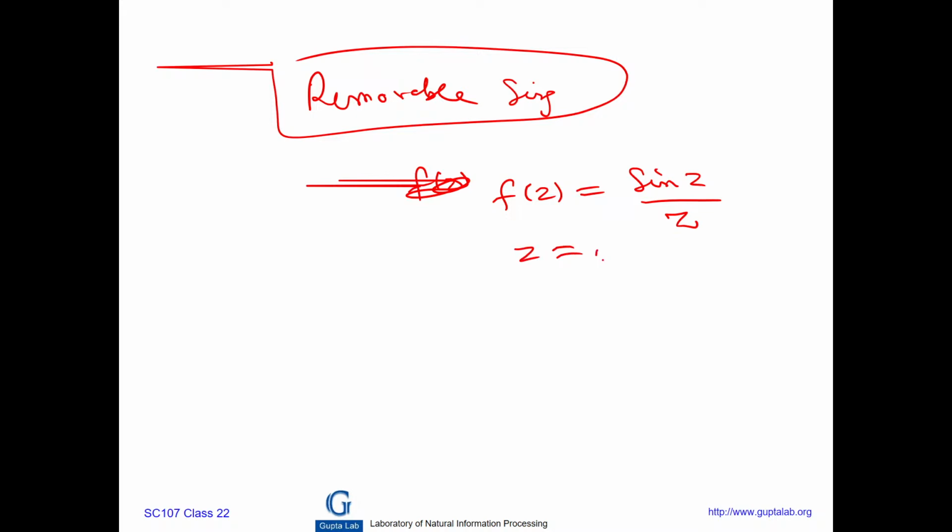So z is equal to 0 is what? A singular point, right? Because function is unbounded at this point. But we call it a removable singularity because limit of f of z as z tends to 0 exists. Okay, so it's a removable singularity. Got it?